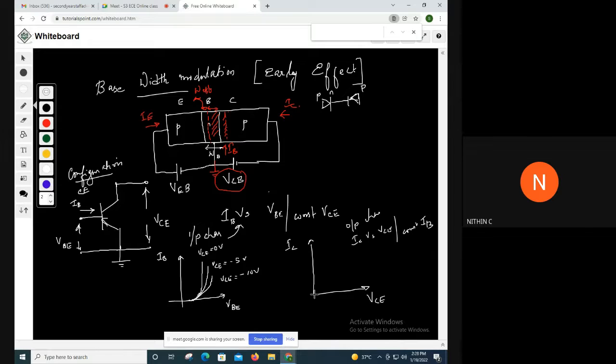Okay, these all will be for different IB values.